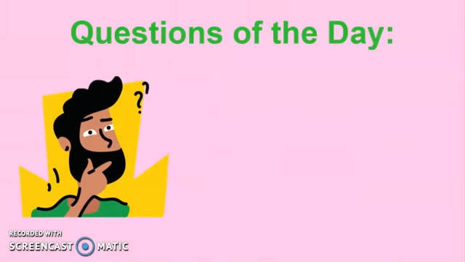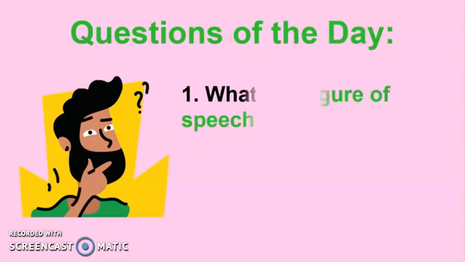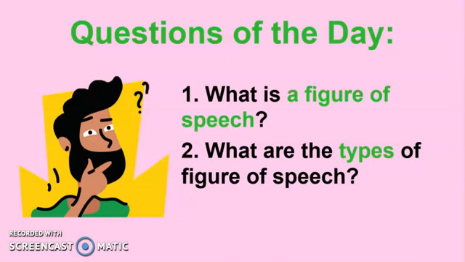To end this lesson, let us have a recap. We now know what a figure of speech is, and you also learned the types of figures of speech. We have hyperbole, wherein you're going to use exaggerated statements. Personification, wherein you are going to give a human trait to something or inanimate objects.